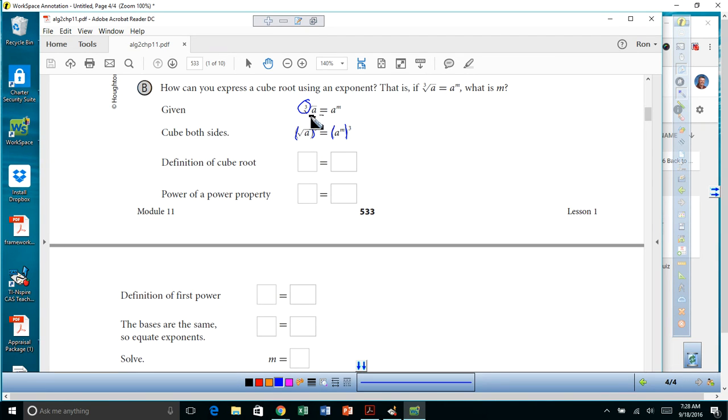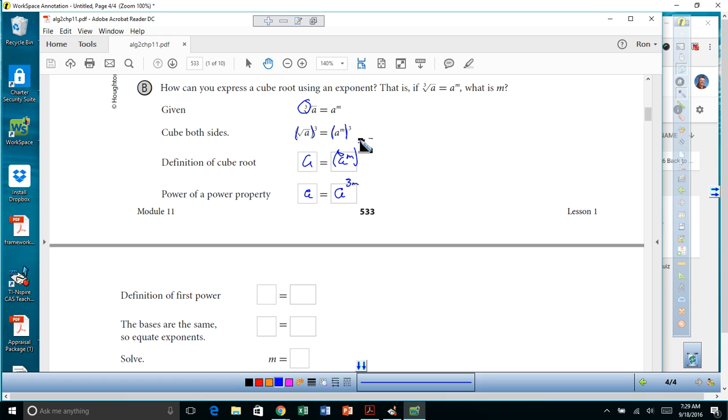But now that we have a 3 there, we're going to cube both sides. By definition, a equals a to the m to the third power. 3 times m is a to the 3m power.